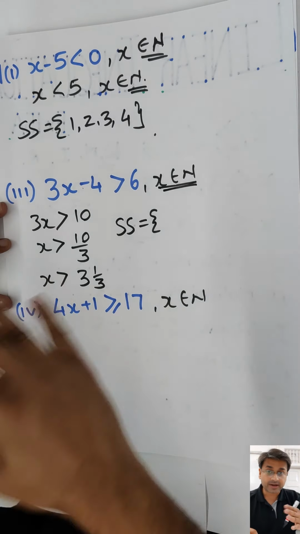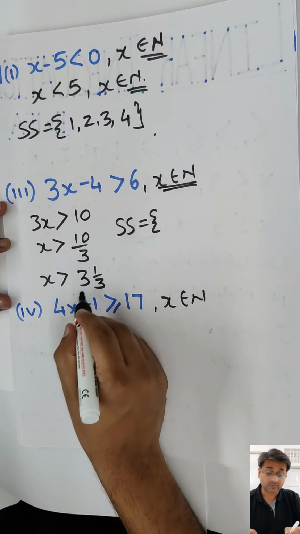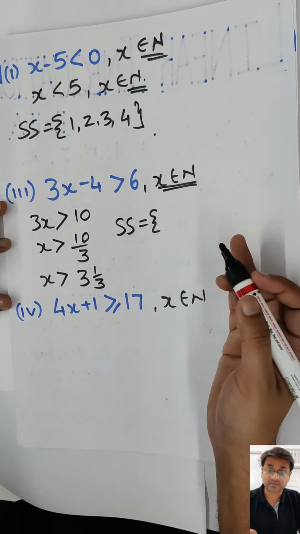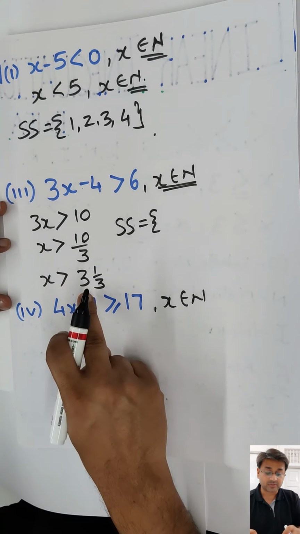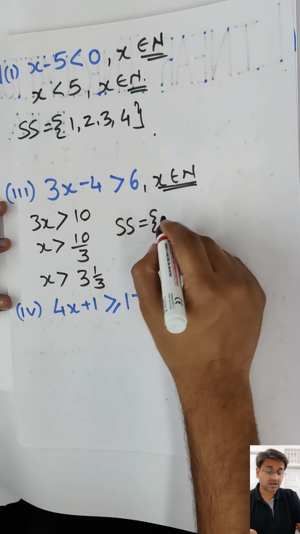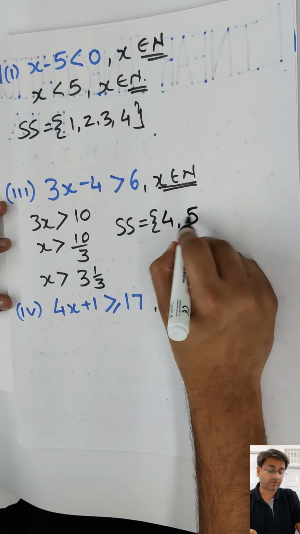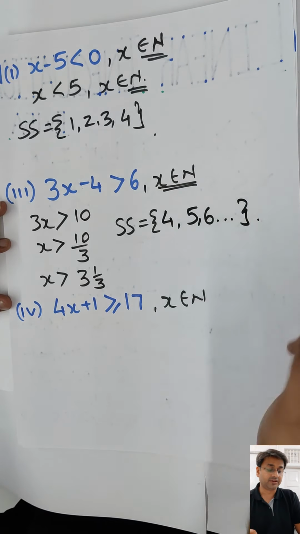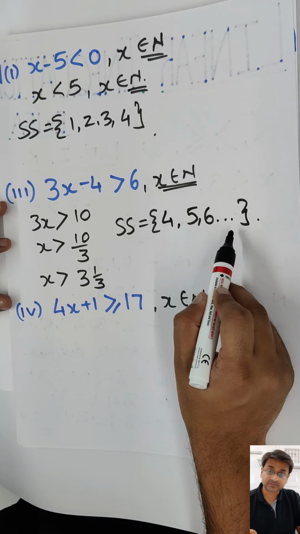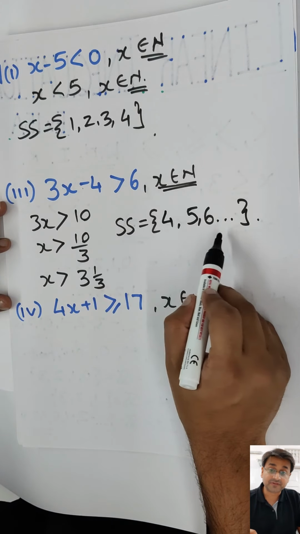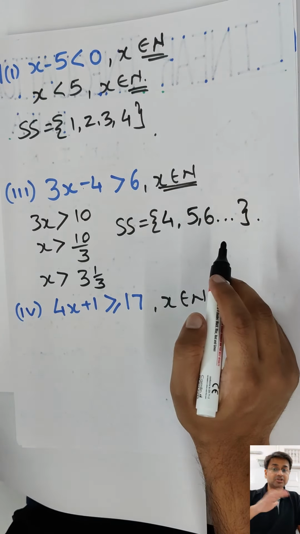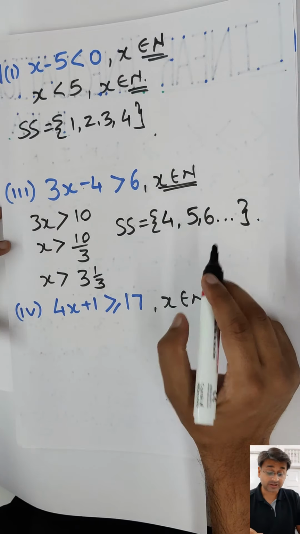So I can't take 1, I can't take 2, I can't even take 3 because this is greater than 3 point something. So x are all the numbers greater than 3.33. So the next natural number is 4, 5, 6 till infinity. If you don't put these dots, it means that infinity is not involved. 1 mark straight away lost. So remember all these nitty-gritties.